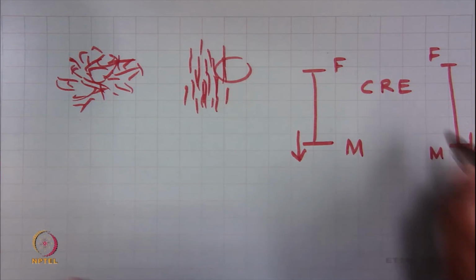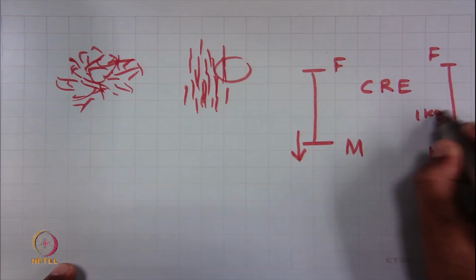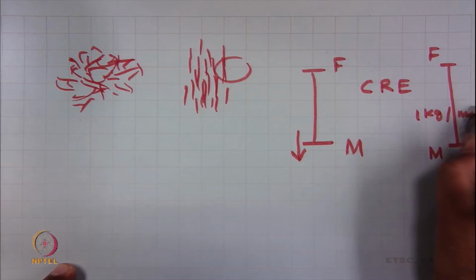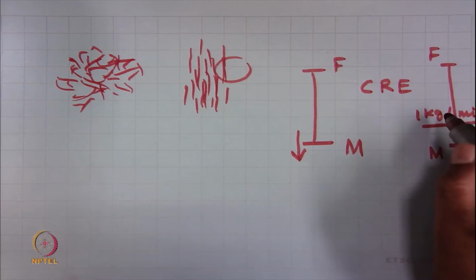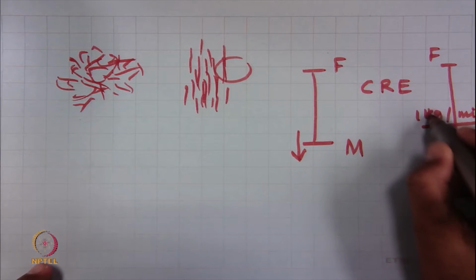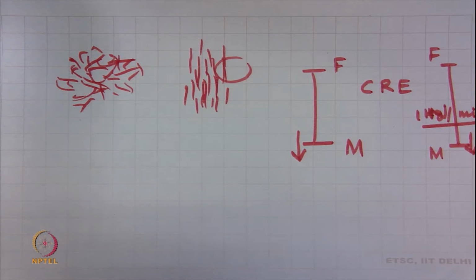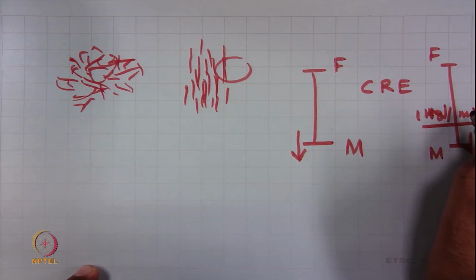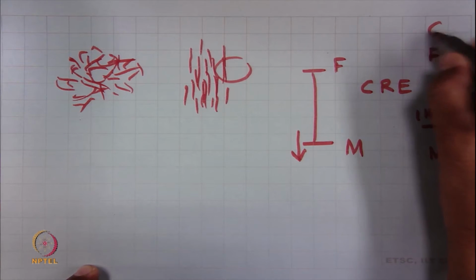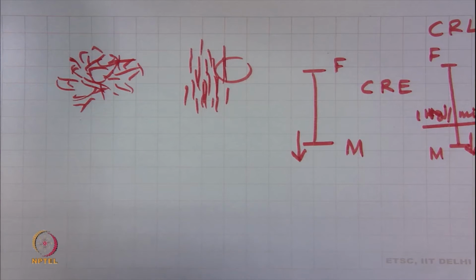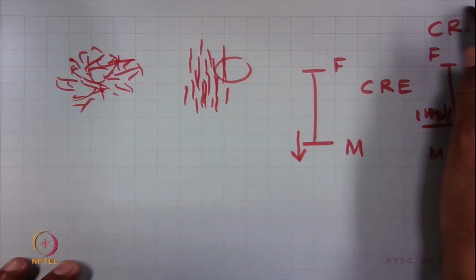Suppose 1 centinewton, 1 newton per minute. At that rate the loading is increasing. Then we will call it CRL, constant rate of loading. So, there are instruments which will ensure the increase in load at constant rate.